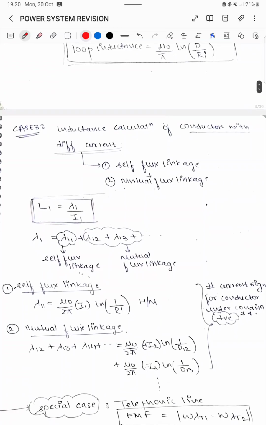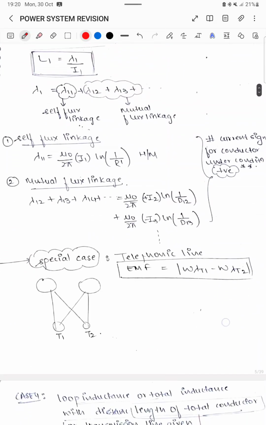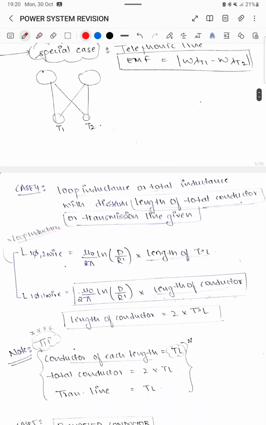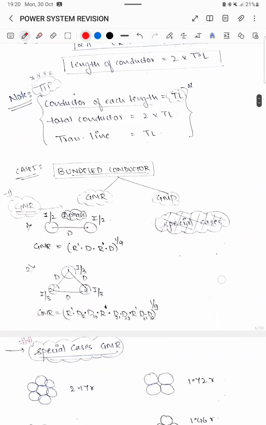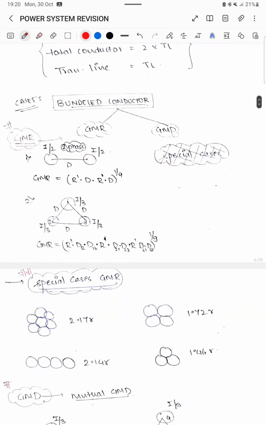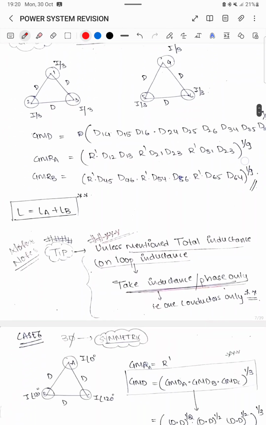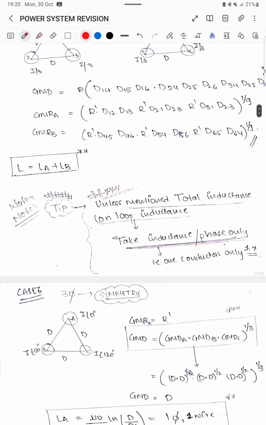Then we will look into calculation of inductances when currents through conductors are different. Then we will see loop inductance and bundle conductor. In bundle conductor, we will learn about calculation of GMR and GMD. Then we will move to three phase. In that we will see two cases, symmetric and unsymmetric, and we will conclude with the concept of transposition.